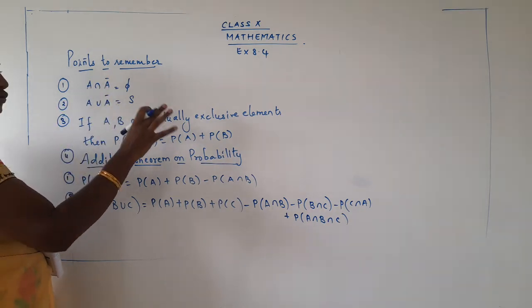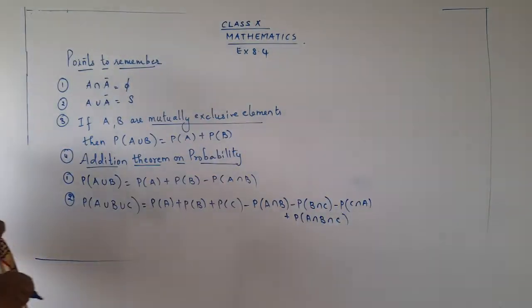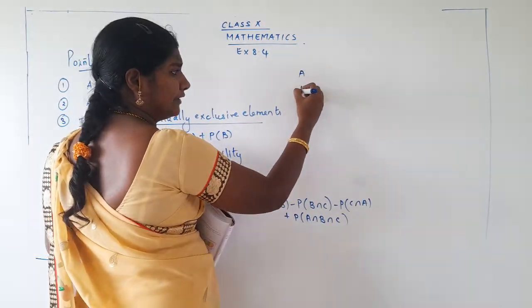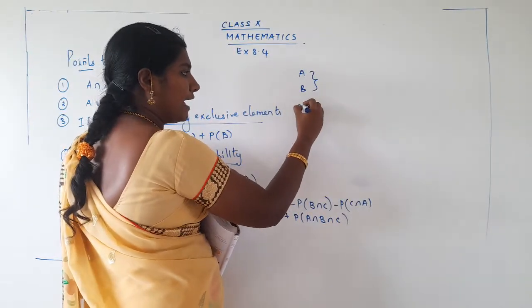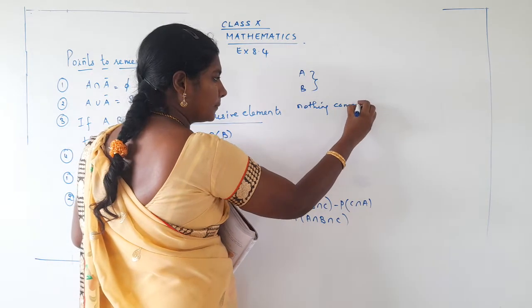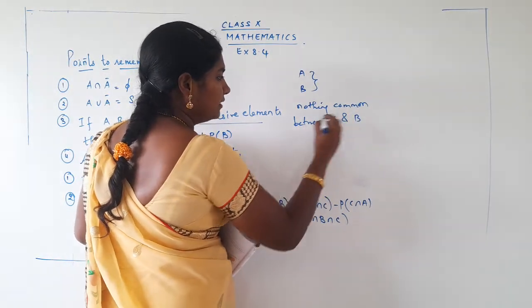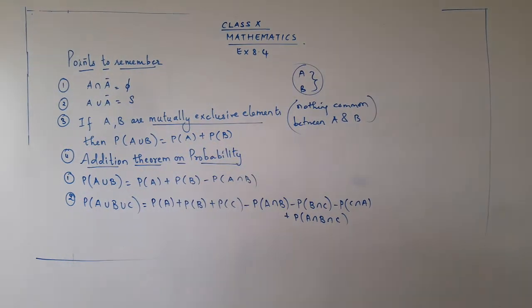And if you have mutually exclusive events, what is the meaning of mutually exclusive events? If I am talking about event A and event B, and there is nothing common between A and B, then these two events are called mutually exclusive events.